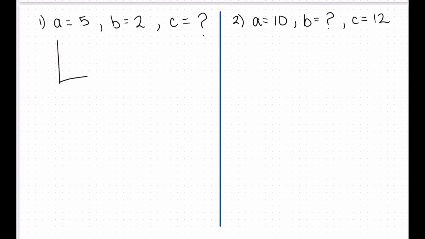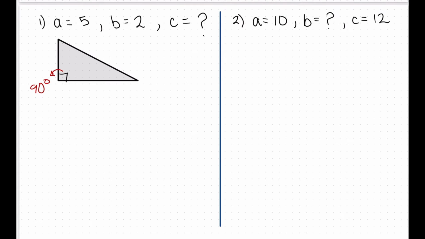So let's do a triangle right here. And you have to remember that the Pythagorean theorem only applies to triangles with a right angle. And by right angle, I mean that it has a 90-degree angle. If not, then it just doesn't apply.